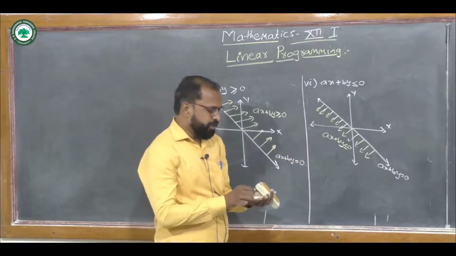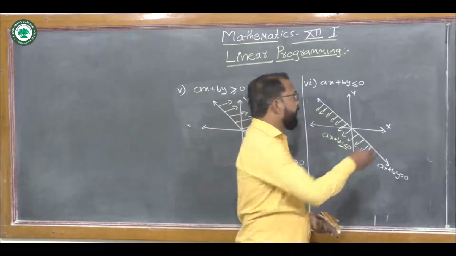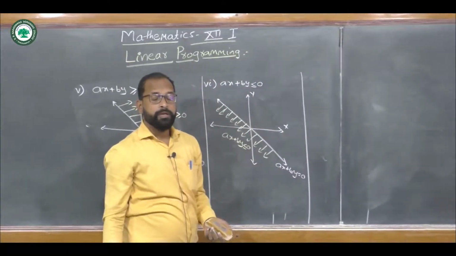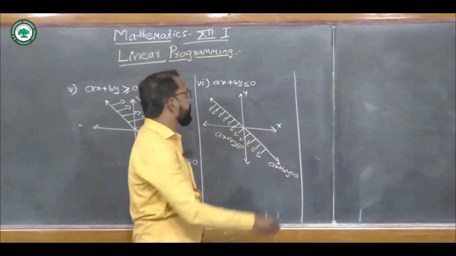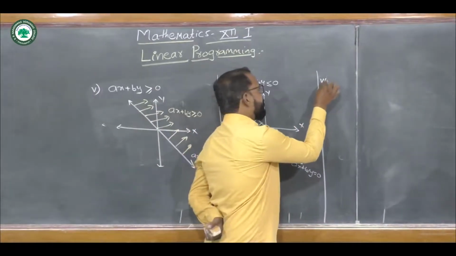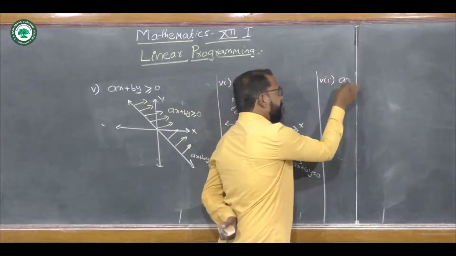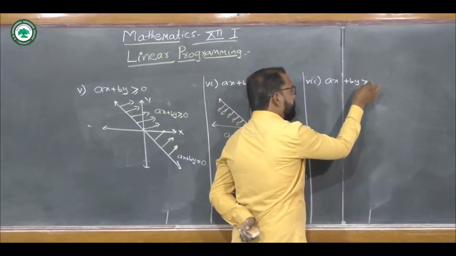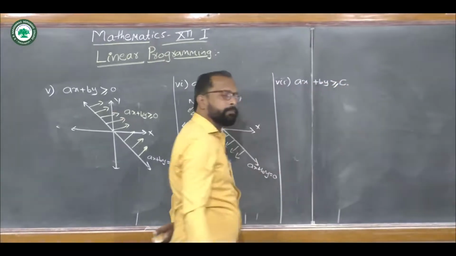Now the next condition is for a general line, a line which does not pass through the origin. The next condition is ax plus by greater than or equal to c.